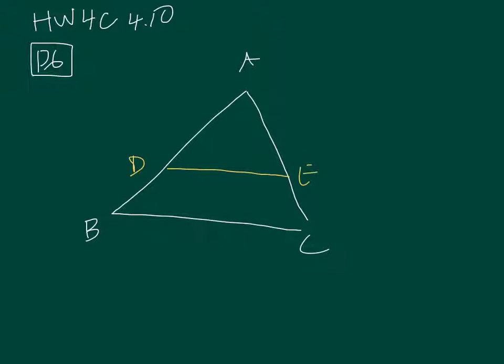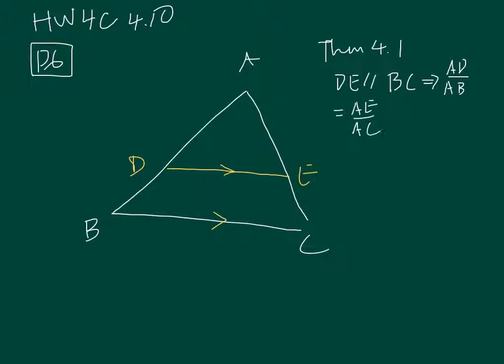So the theorem 4.1 says if DE is parallel to BC, then AD divided by AB should be equal to AE divided by AC, also DE divided by BC.